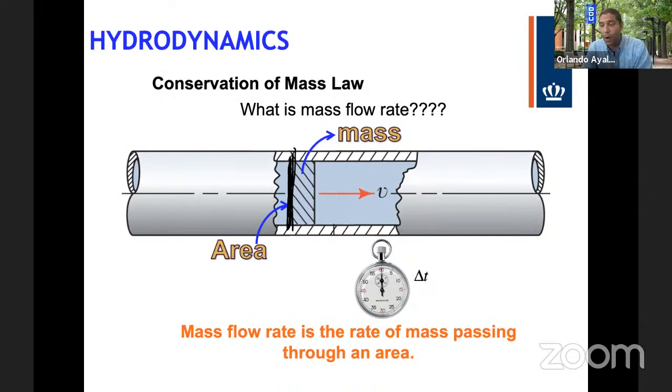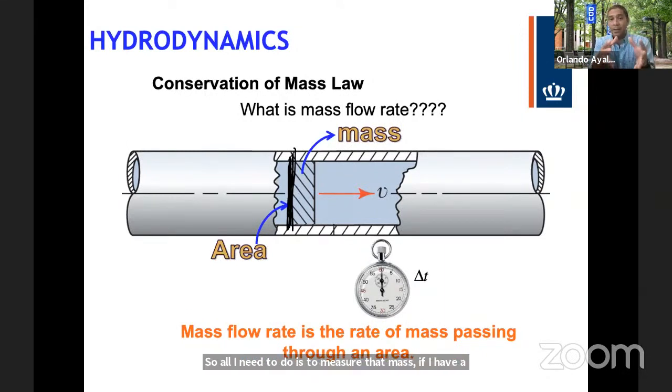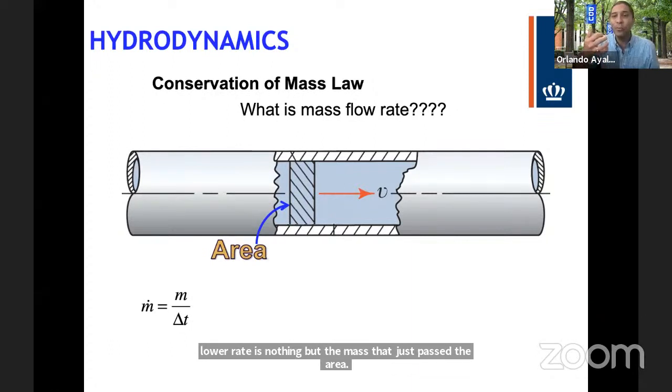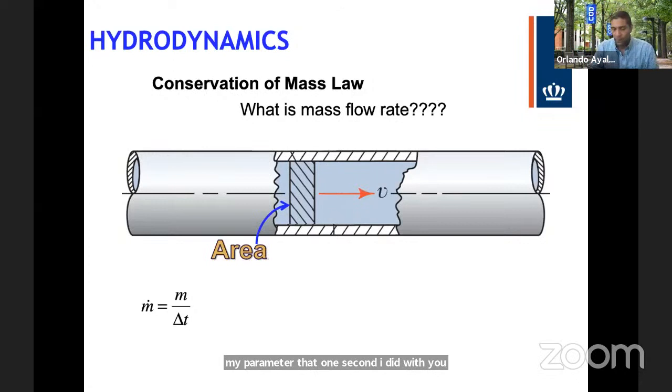So all I need to do is measure that mass, divided by delta T, and that will give me mass flow rate, which is this equation. So mass flow rate is nothing but the mass that just passed the area divided by the delta T that I use in my chronometer, the 1 second I did with you in the video, okay?